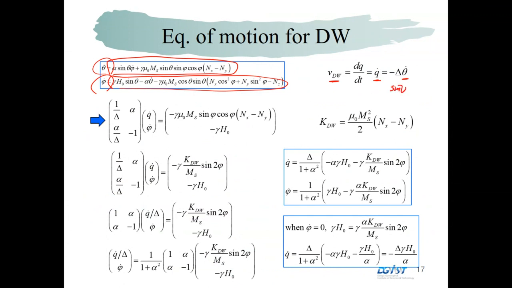We assumed sine theta is 1 by setting theta to pi over 2. Okay, so using pi over 2 for all thetas, we can simplify this equation in this matrix form. Here, we have theta dot, phi dot here. We can make such kind of matrix equation.